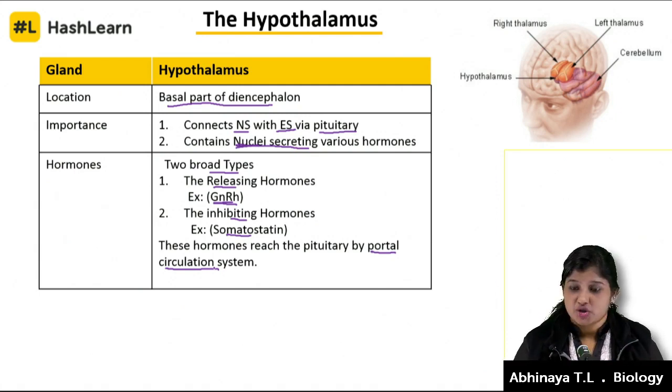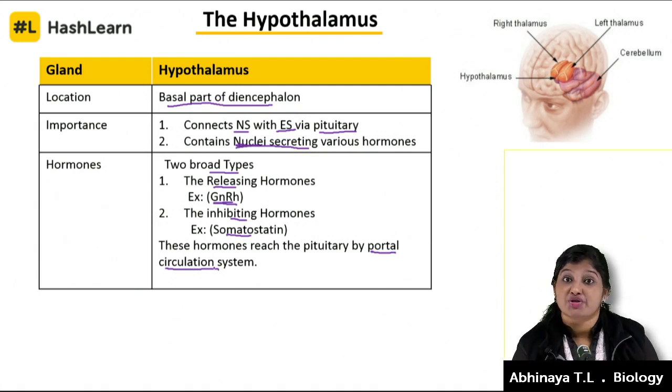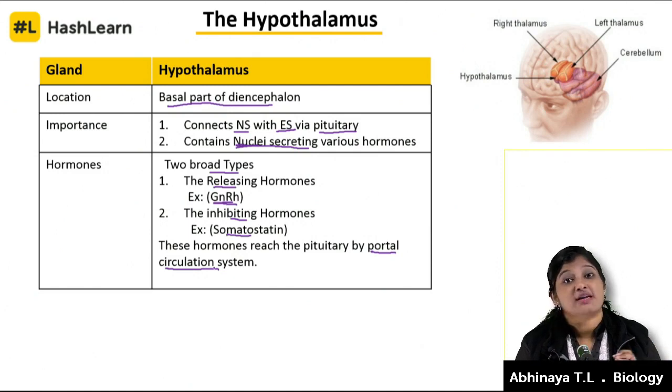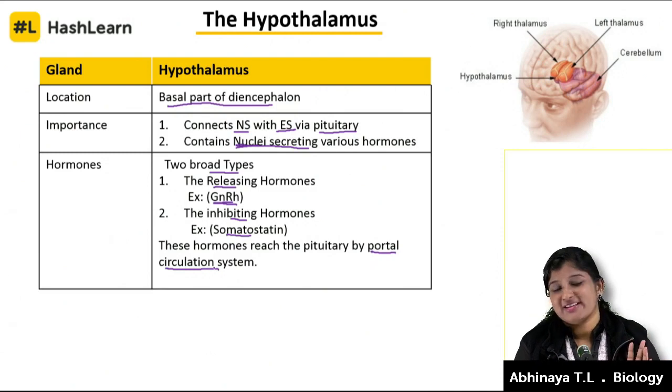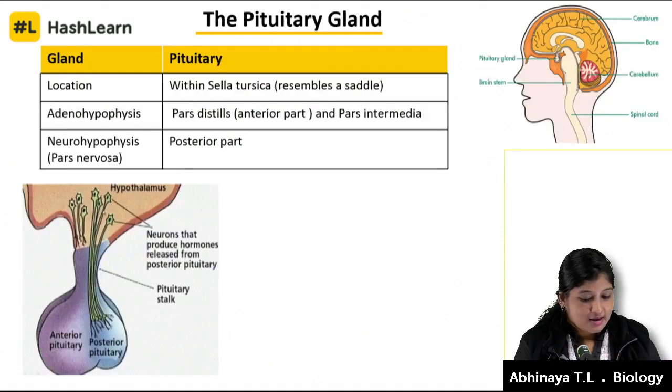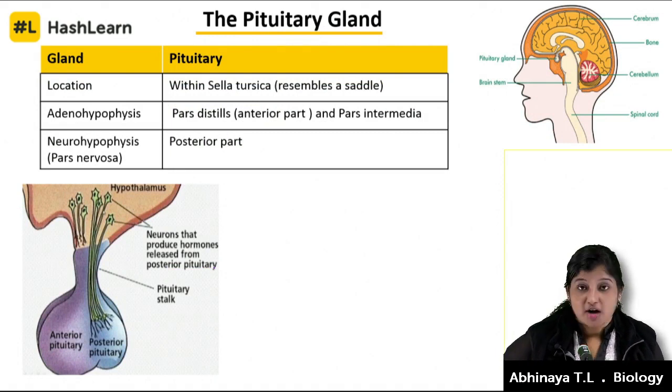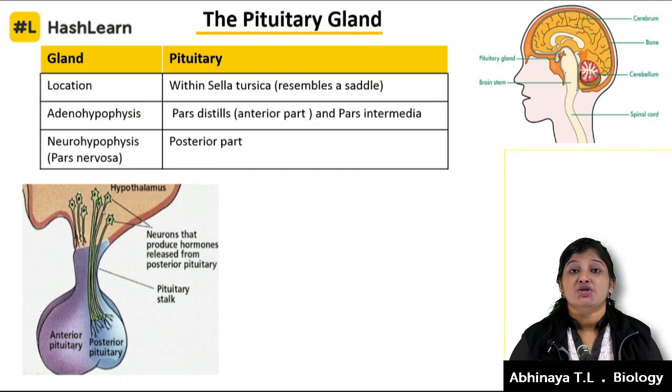On the next image, you will understand how it is reaching the pituitary gland. This is the hypothalamus. We saw the two hormones it is releasing, gave the example, and said where it is sitting and how it pushes the hormones into the pituitary gland. The next gland we are going to talk about, I hope you have understood the hypothalamus. In the same way, we are going to teach the pituitary gland.